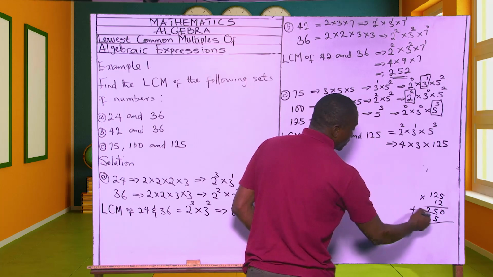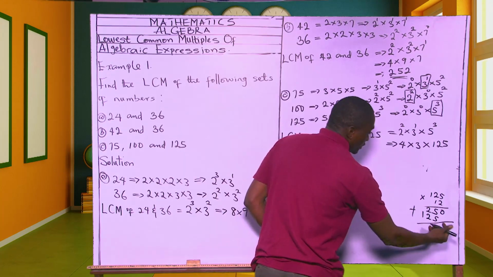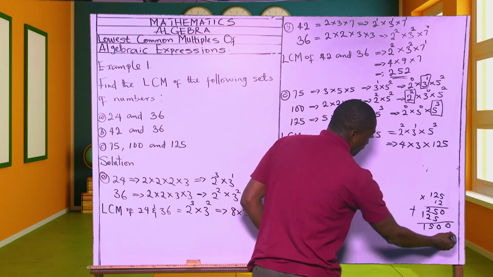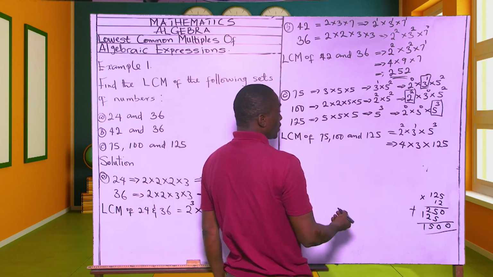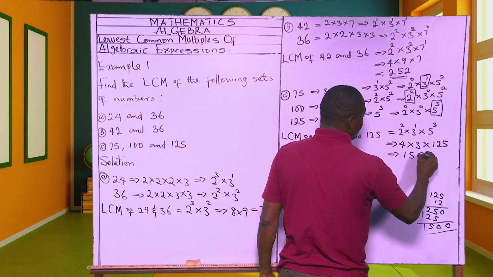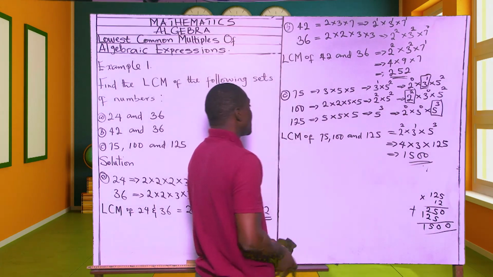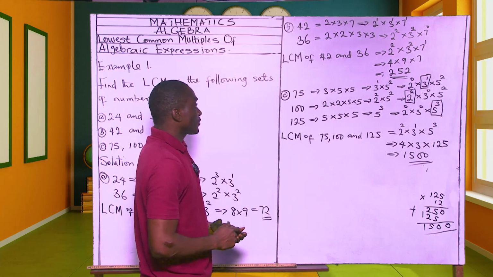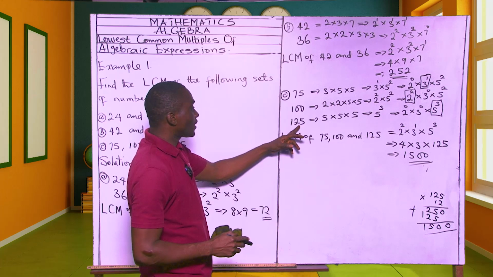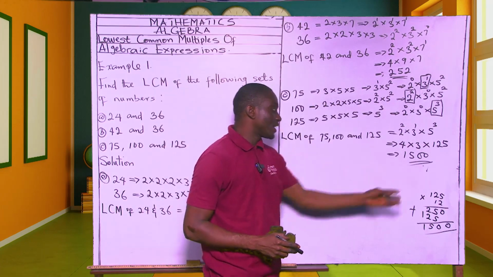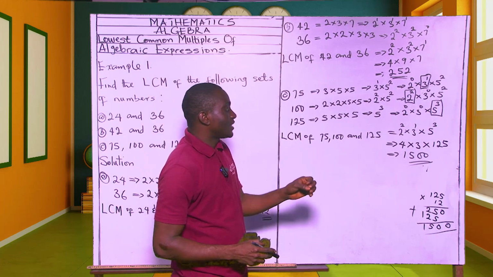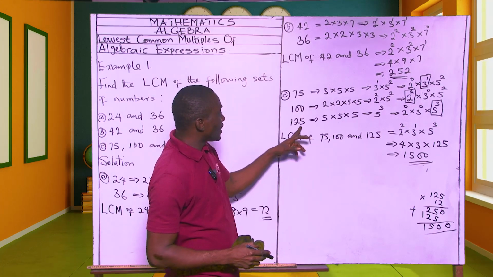Then we find the sum of these numbers. This will give us 0, 0, 5, 1. Okay, so we have 1,500. All right, so the LCM of 75, 100, and 125 is 1,500. That is, 1,500 is the lowest number that is divisible by these 3 numbers.